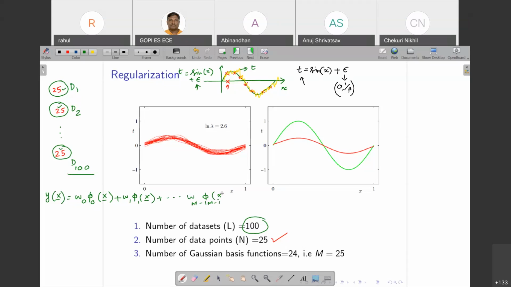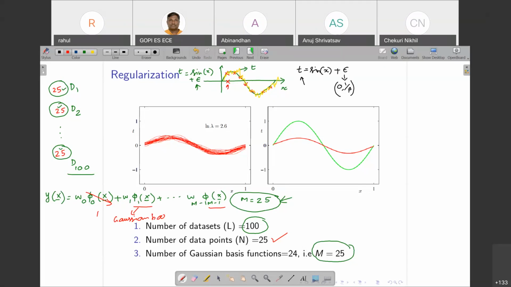In this experiment, m is chosen as 25. Of course phi naught of x is going to be 1, and we'll discuss the reason later. Phi 1 of x and so on up to phi m minus 1 are all Gaussian basis functions, which is what is chosen to fit it.